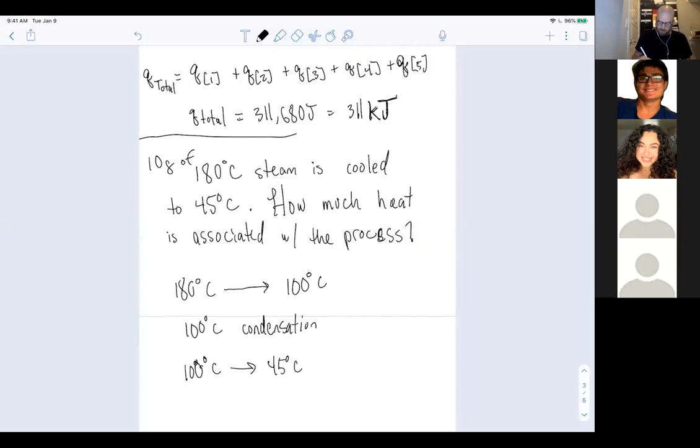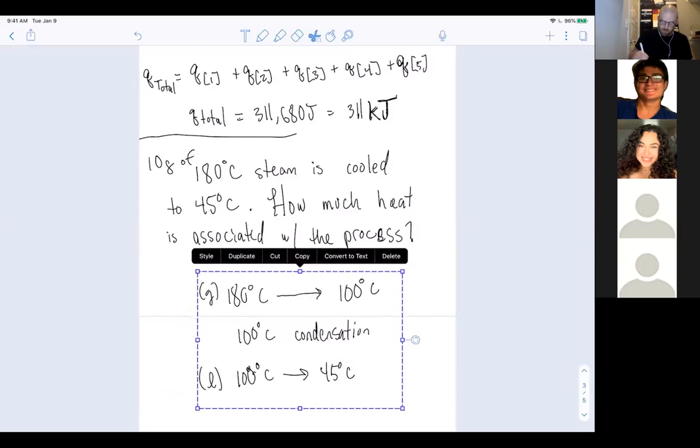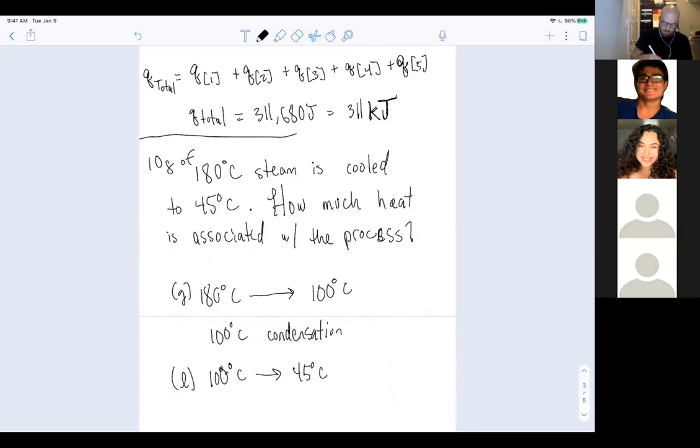So here we're in the liquid state, here we're in the gas state. And then the calculation that you'd end up doing for this is Q equals, let me use numbers again, I kind of like that. So I've got these 3 chunks here.